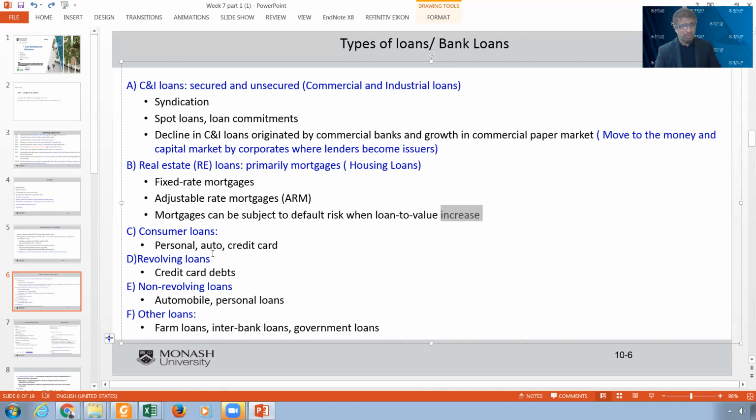We have also what you call consumer loans, and we know these. We talk about personal loans, like credit cards, auto loans, which is automobile loans, and other personal loans. And we have another classification called revolving loans, like credit card debts. With credit card debt, you sign only one contract when you take the credit card. When the statement comes, you start to borrow during the month according to your spending.